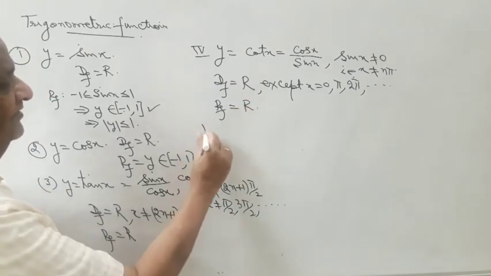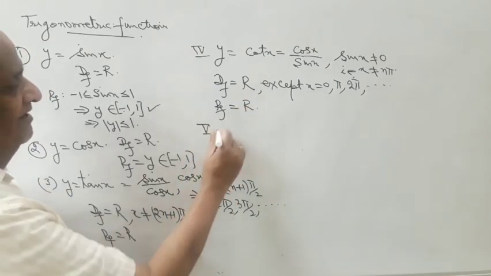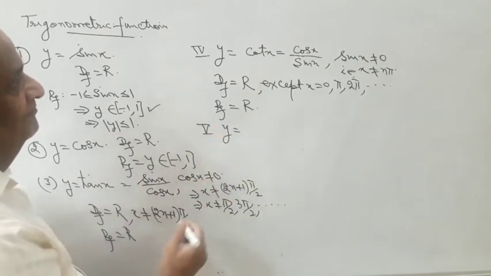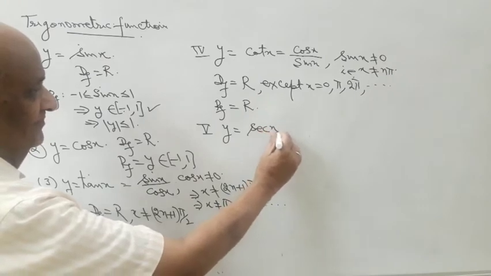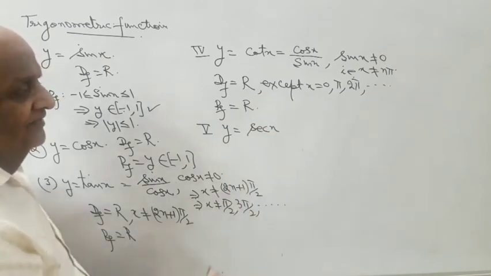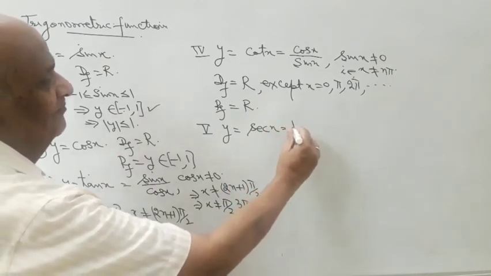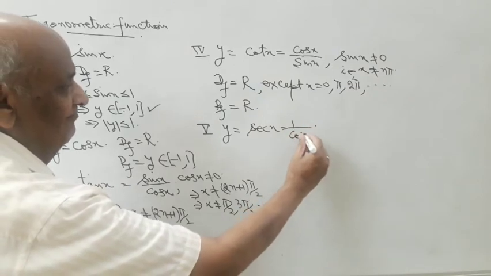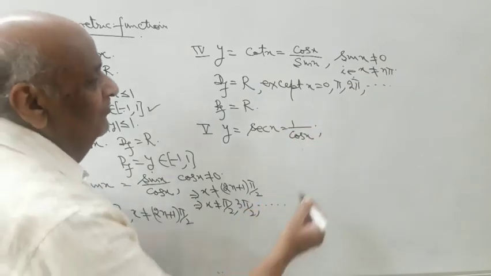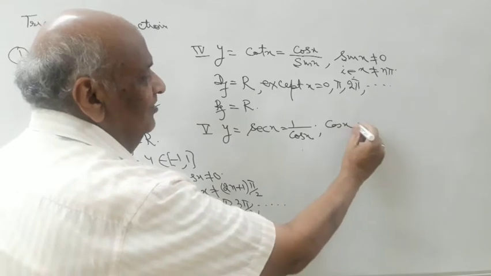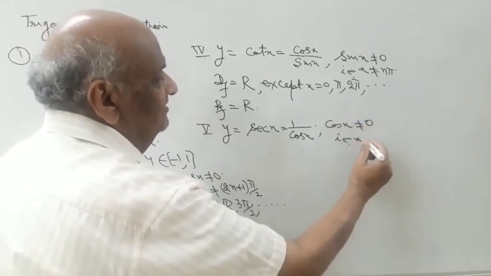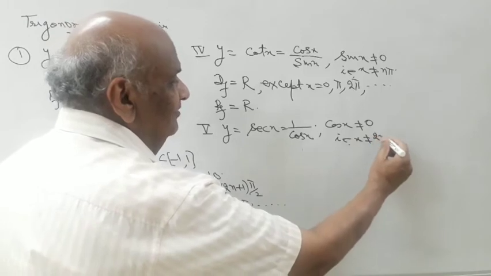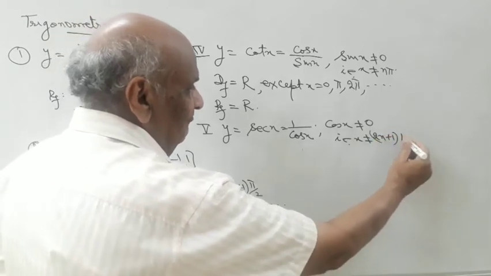Now for the fifth case, we have y is equal to secant x. Secant x, check out. It is 1 upon cos x, as before. Cos x is not equal to 0, that is x is not equal to (2n plus 1) pi by 2.